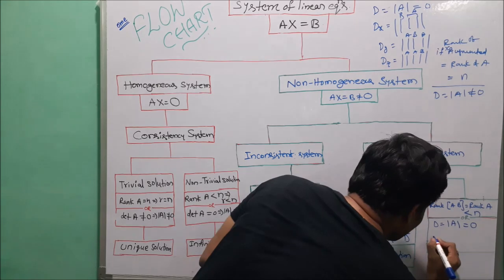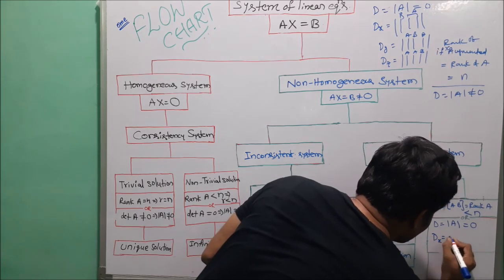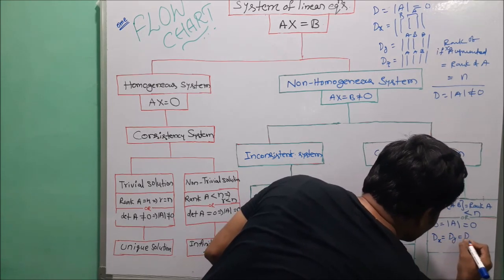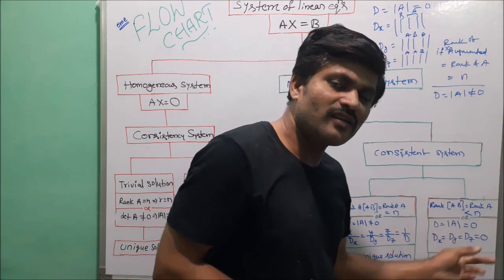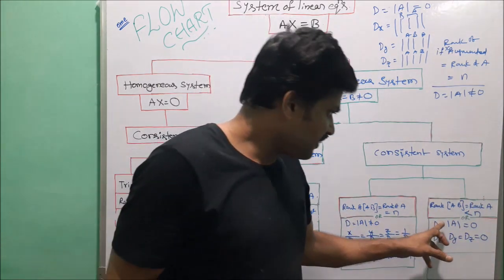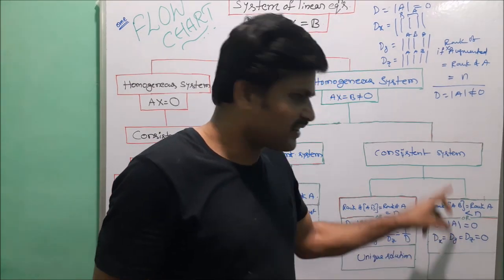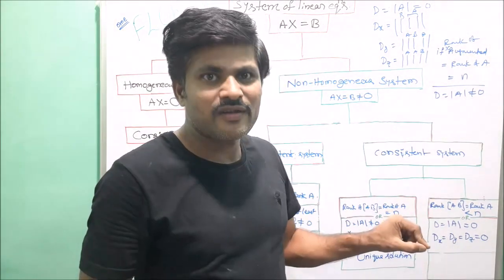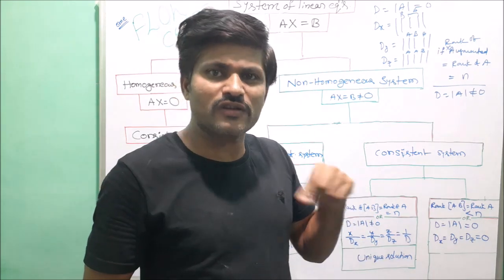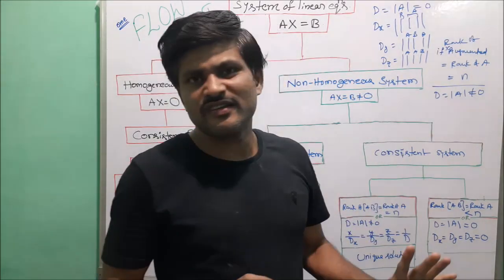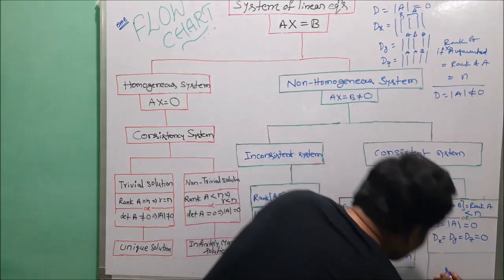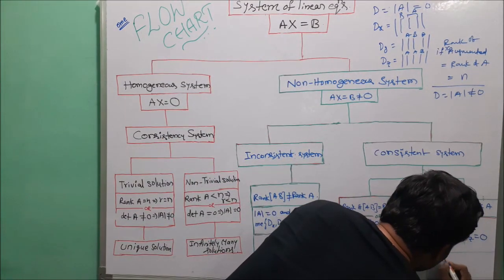That is the second condition. So dx equals dy equals dz equals 0, and the determinant of coefficient matrix d is also 0. So these two conditions exist for this system. Then the system has infinitely many solutions or more than one solution, and the system is a consistent system. So the number of solutions is infinitely many.